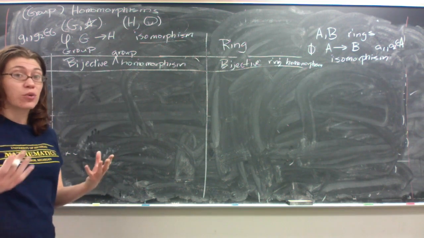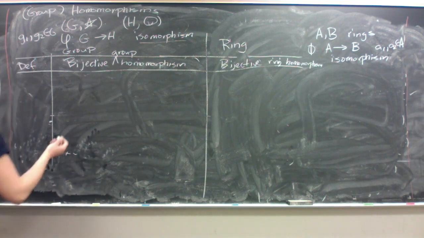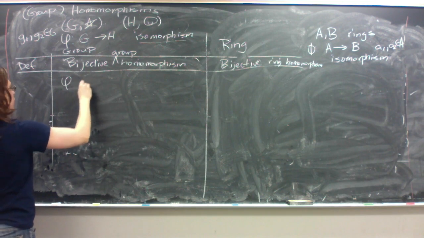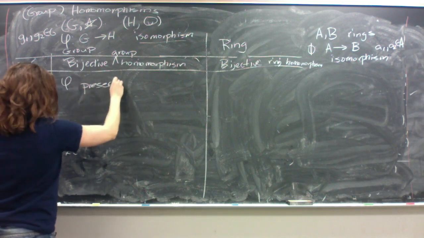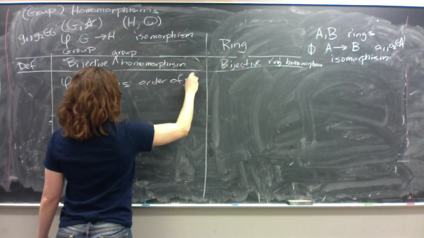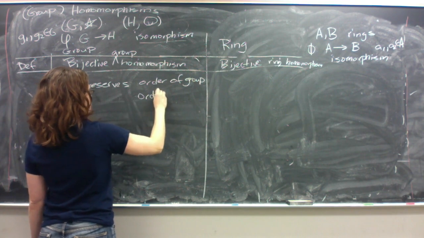And a consequence of needing to preserve the algebraic structure is that if phi is an isomorphism, then phi preserves the order of the group and the order of any given element.